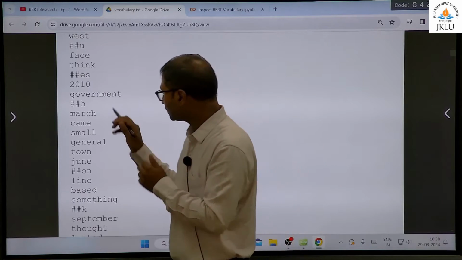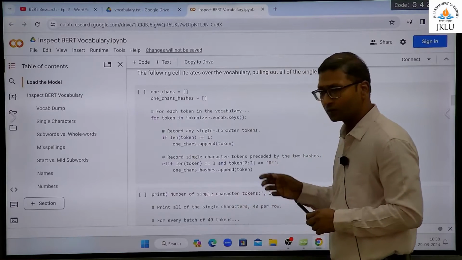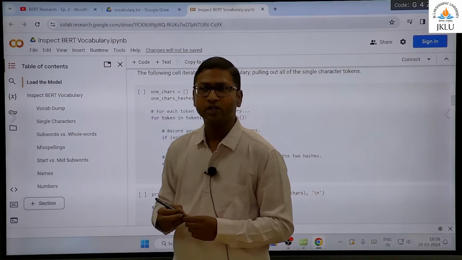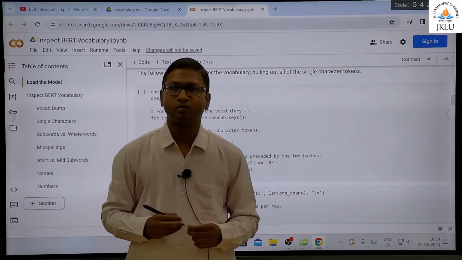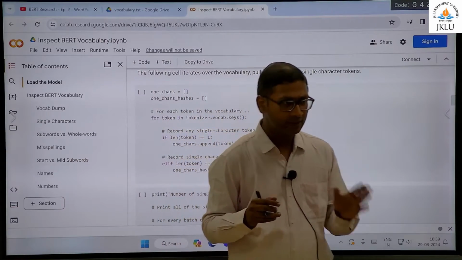So in this Colab he does a lot of things. He says if you are talking about corpuses, for example, the spelling of government, what is it? Government.